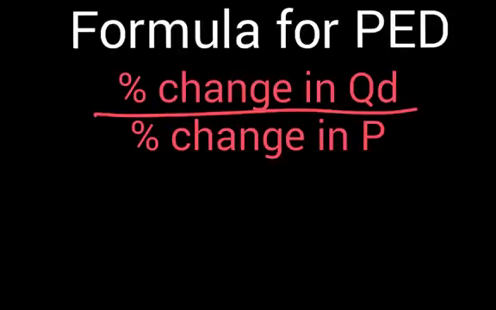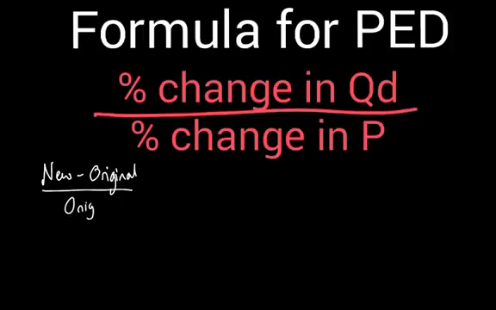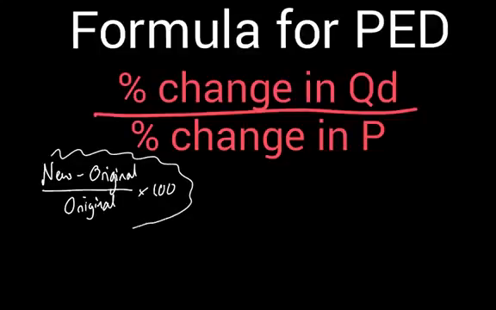You should be familiar with how to calculate a percentage, but just in case you're not, the way we calculate a percentage is we take the new value minus the original value, divided by the original value, and then we multiply that by 100. So if you are given the changes in actual numerical terms, you need to convert them into a percentage like that.